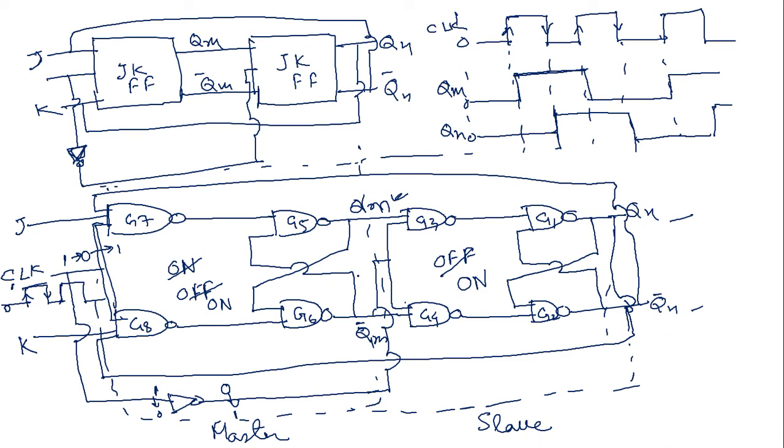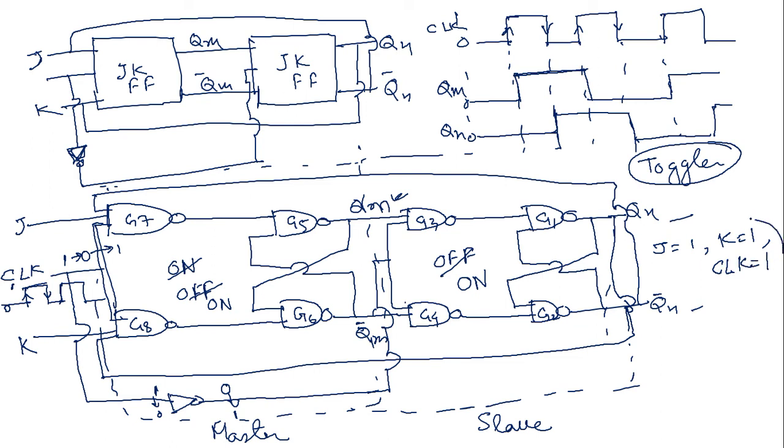In this master slave JK flip-flop, only one change is observed in a single clock pulse. And this concept is called toggle. Toggle happens whenever J equals 1, K equals 1 and clock equals 1.